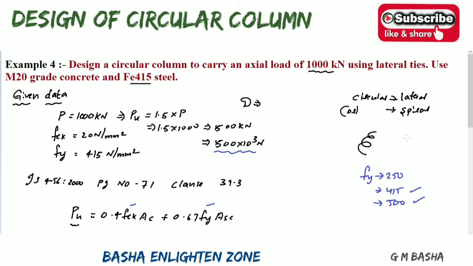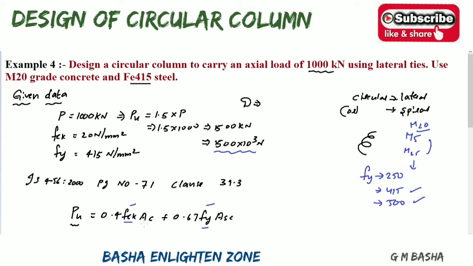There are various grades of concrete from M5 to M25, with some nominal proportions also, and grades above. But according to IS standards, the minimum grade of concrete we use is M20, so it is better to take M20 or above if it is not given. So here fck is 20 and fy is 415.